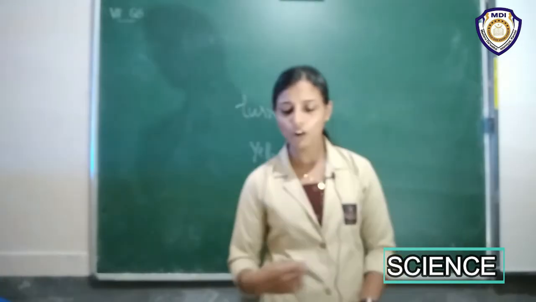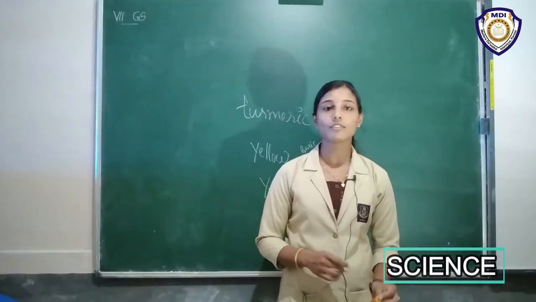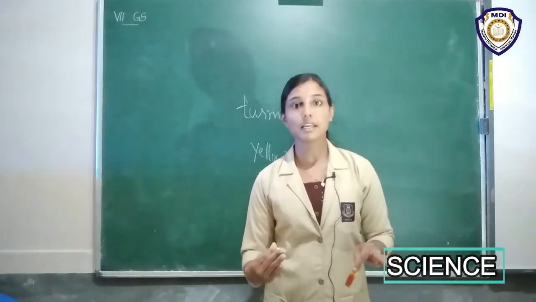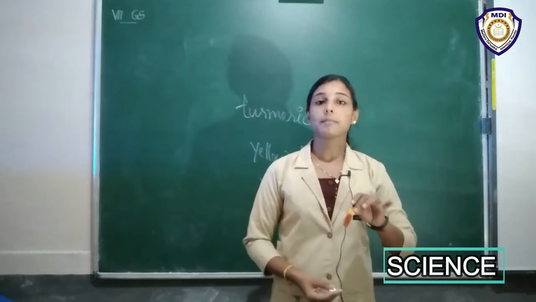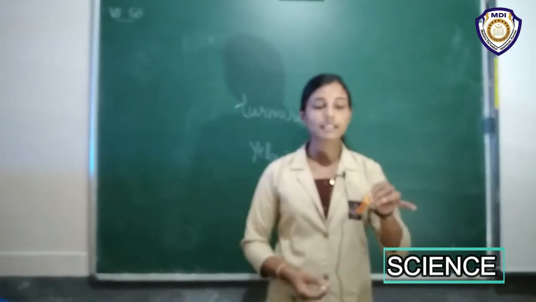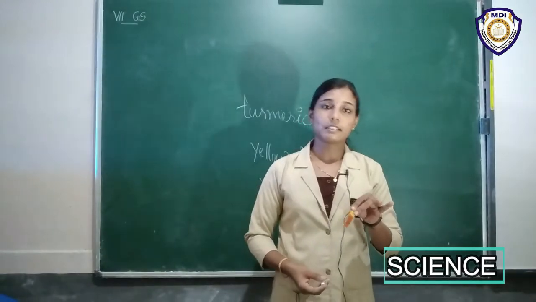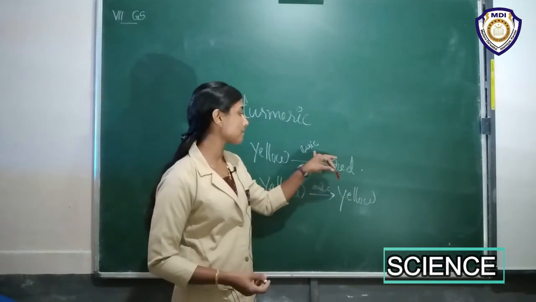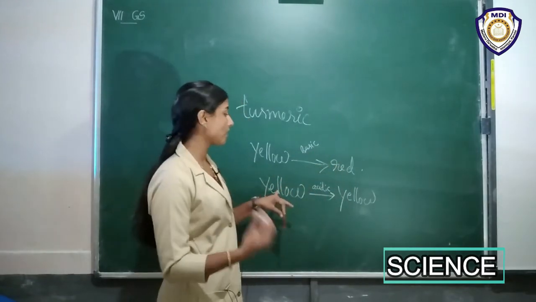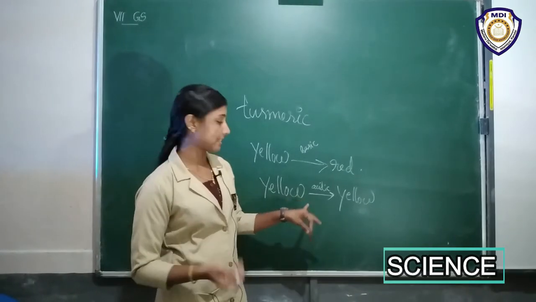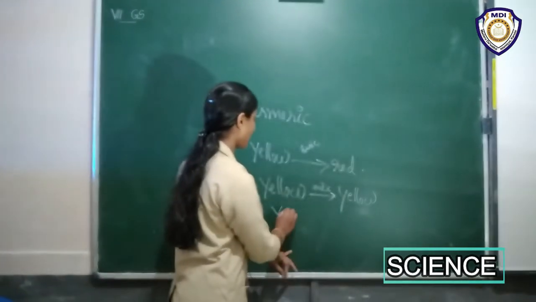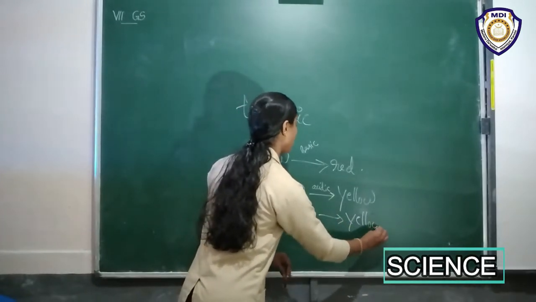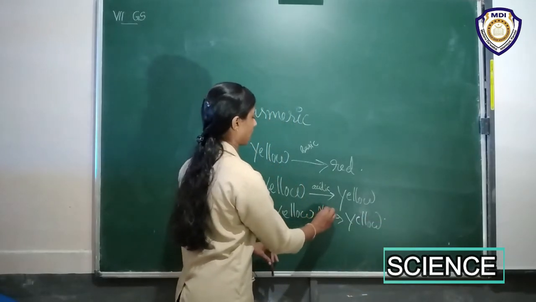So how can we find whether the solution is basic, acidic or neutral using a turmeric indicator? Here the color change of turmeric happens only when the solution is basic, right? Only the basic substance shows the color change. So how can we find whether it is neutral or acidic? A neutral solution will have no effect on the color. Okay, so it is neutral.